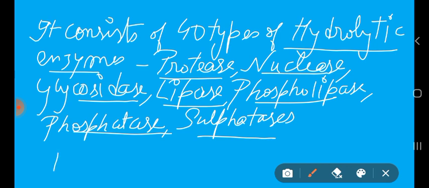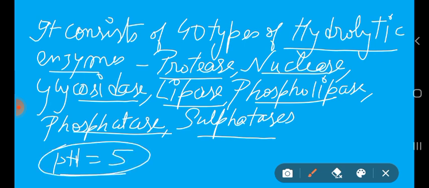The pH inside the lysosome will be around 5, and outside the lysosome, that is in the cytoplasm, the pH is around 7.2, which we know. So inside the lysosome they have to maintain the acidic pH for the activity of these hydrolytic enzymes.